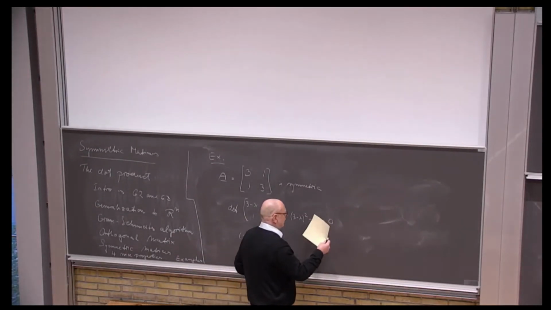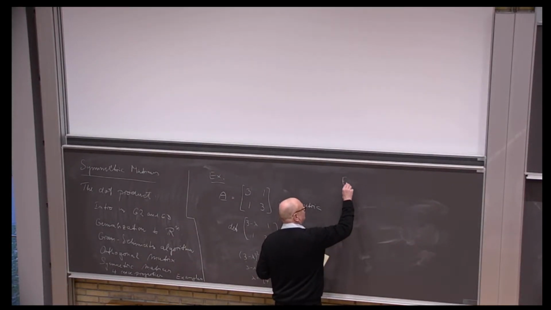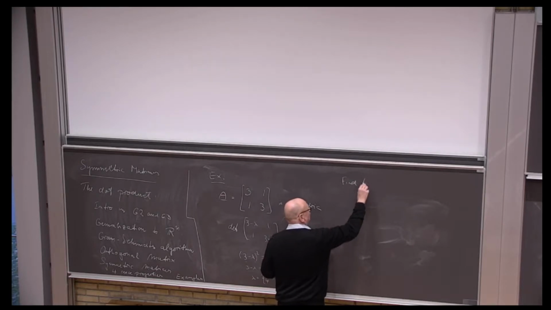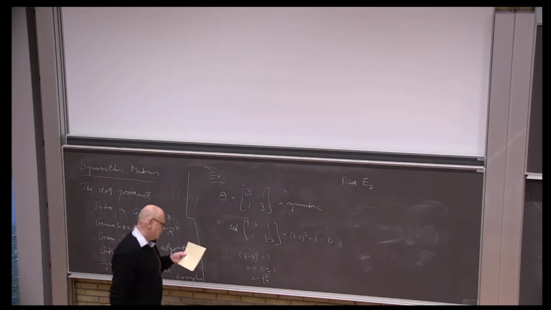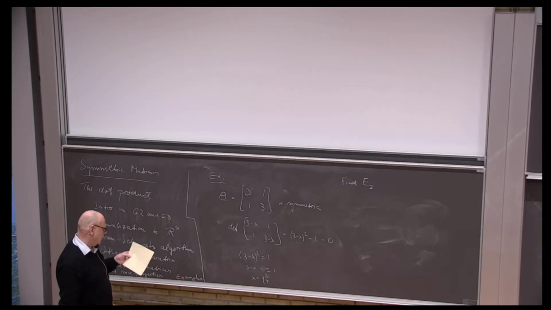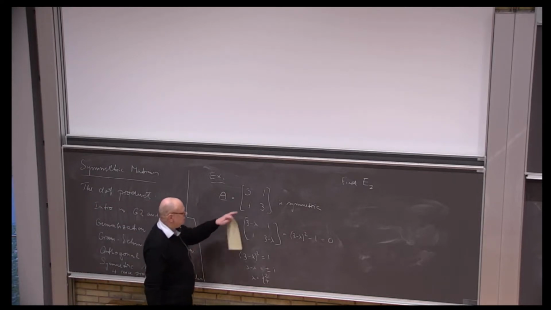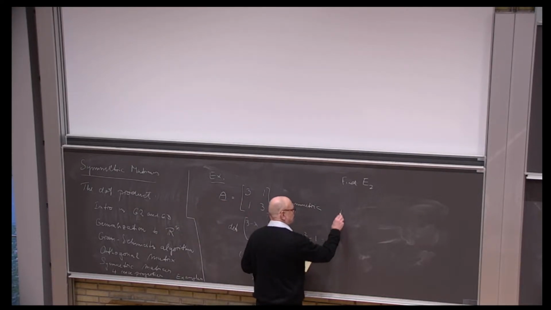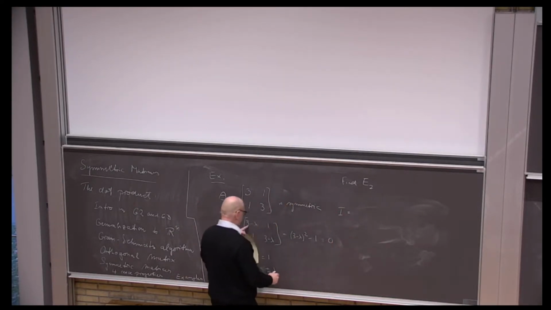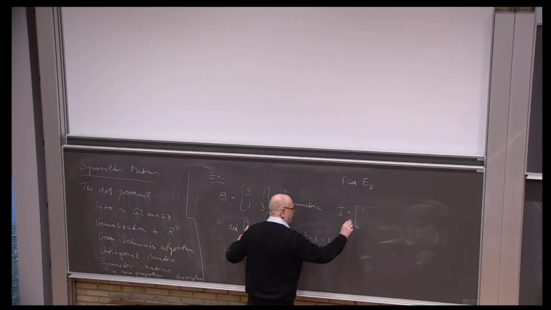So what I'm going to do now is find the eigenspace corresponding to the eigenvalue 2. And when I put this 2 into my characteristic matrix and I augment it with zeros, I get this augmented matrix. 3 minus 2 is 1.